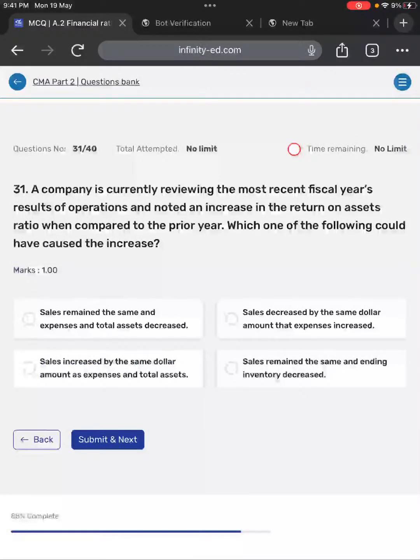Now we have question 9 remaining. Company is currently reviewing the most recent fiscal year results of operation and noted an increase in return on asset ratio when comparing to the prior year. Which one of the following could have caused the increase?